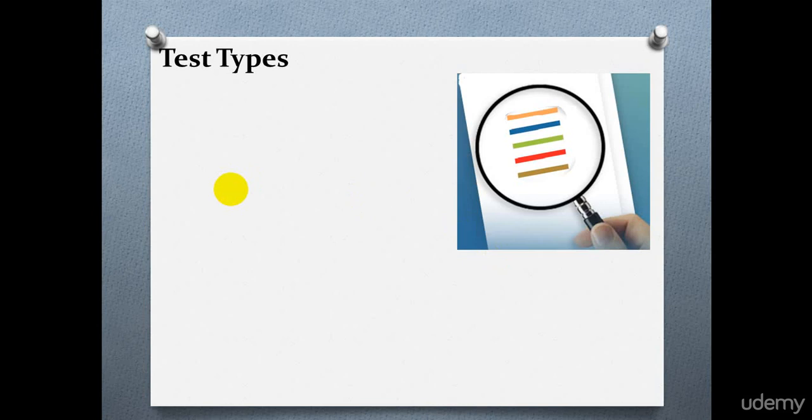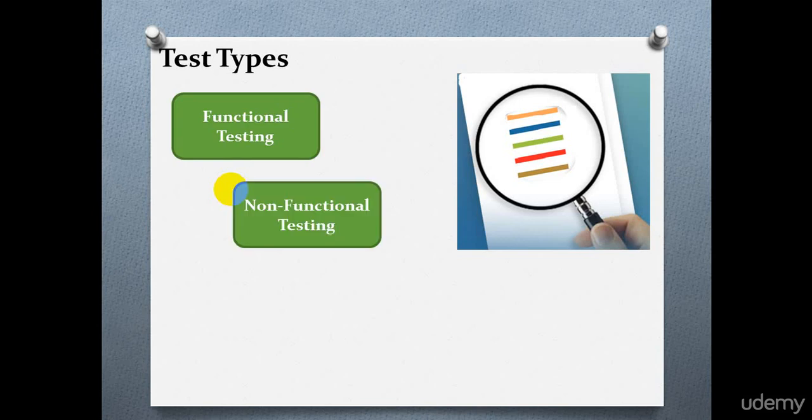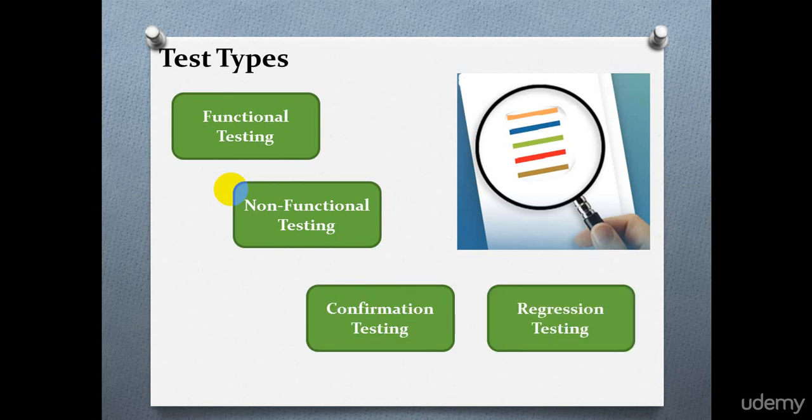Different test types enable you to meet different types of testing. The most commonly used types of testing are functional testing, non-functional testing, confirmation testing, and regression testing. So these test types are very commonly used during the testing time.